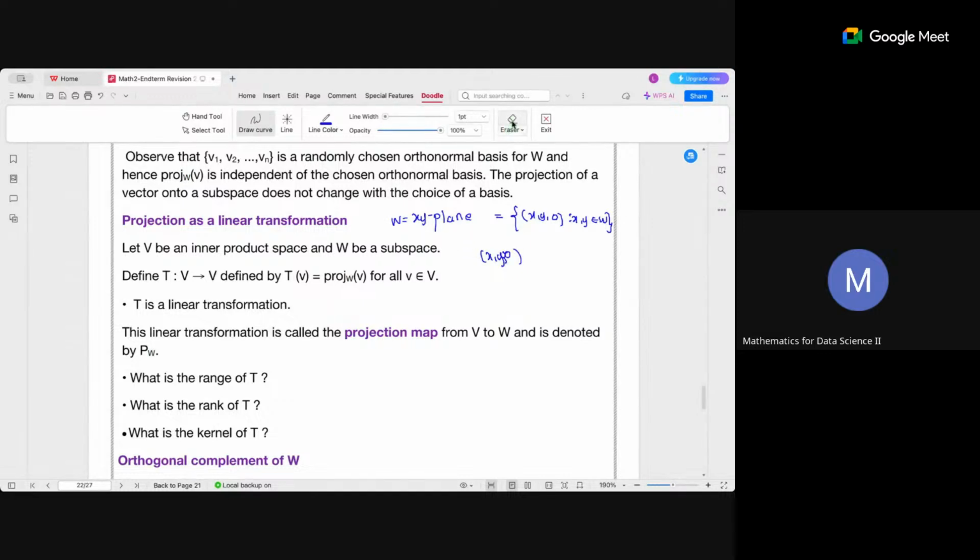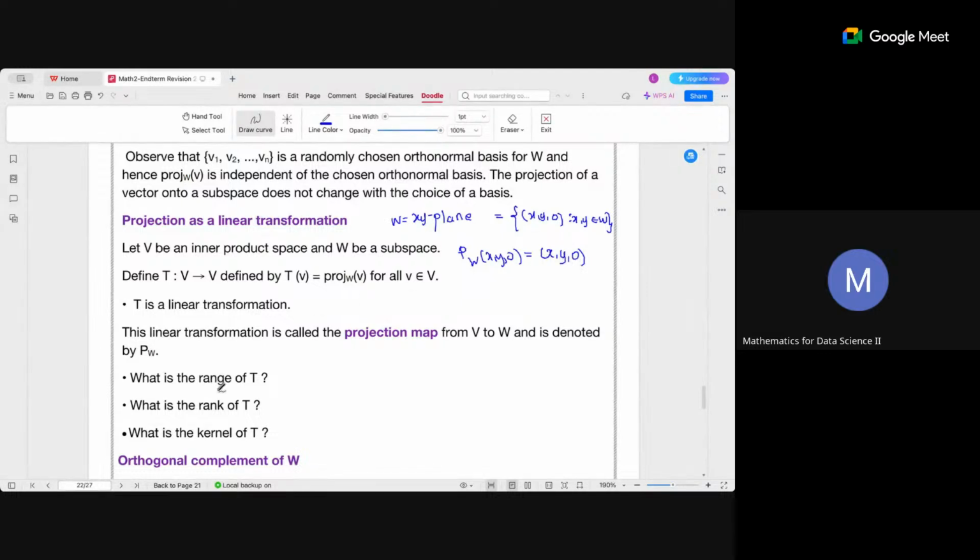What is the projection of (x, y, 0) on W? You are already in W, so what does projecting again on W mean? Nothing will happen. You are going to get back the same vector. So if you take a vector from W and project it on W, you get back the same vector.